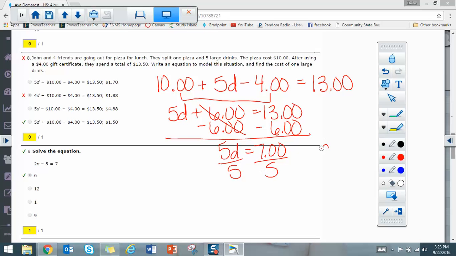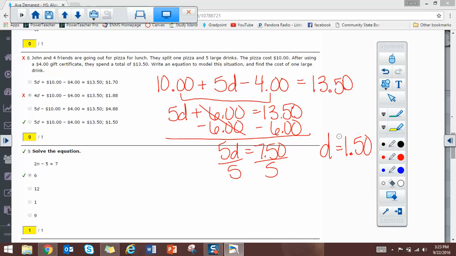We're talking about money. And actually I'm looking over to the side here, and it should have been $13.50, not $13. So that's going to change this here. $13.50. So that's $7.50. So now you're doing 7.5 divided by 5, and that's $1.50. So each drink costs $1.50.